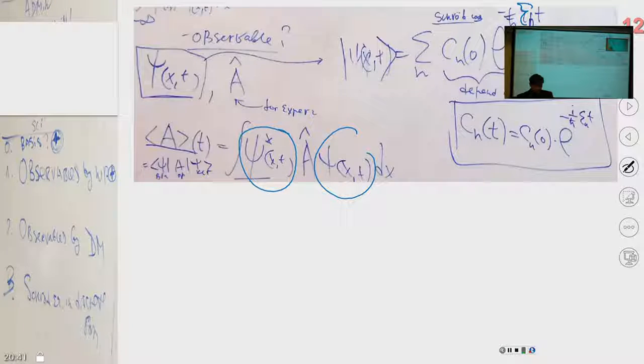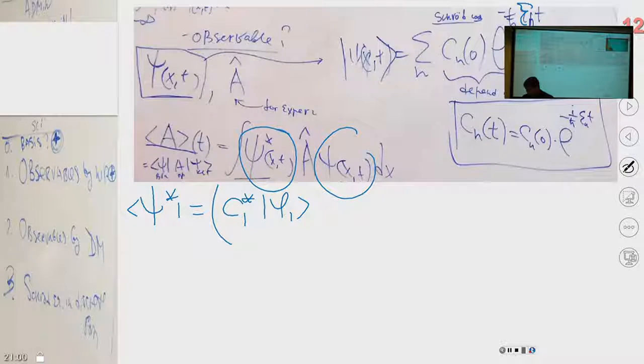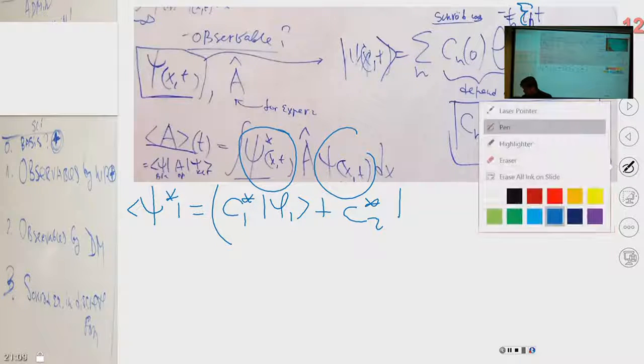Okay? Now, if our wave function with star is a bra vector, and it is C1 star, phi 1 plus C2 star, wait, different.